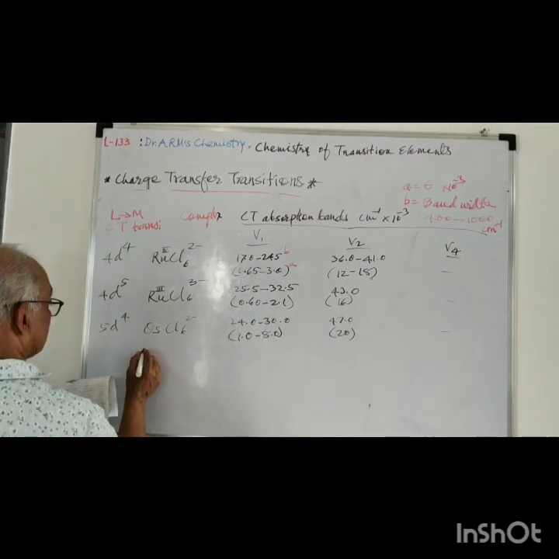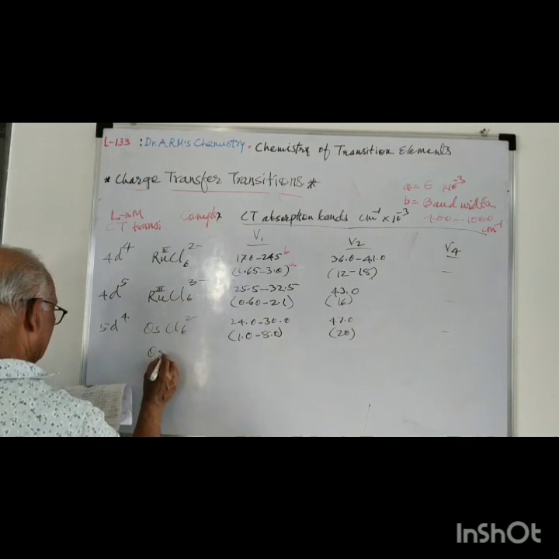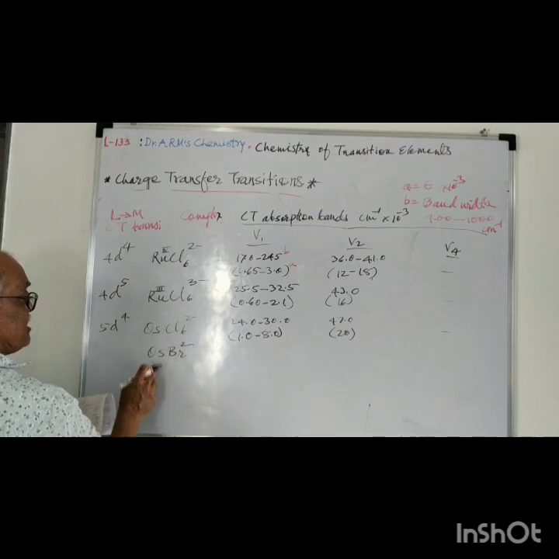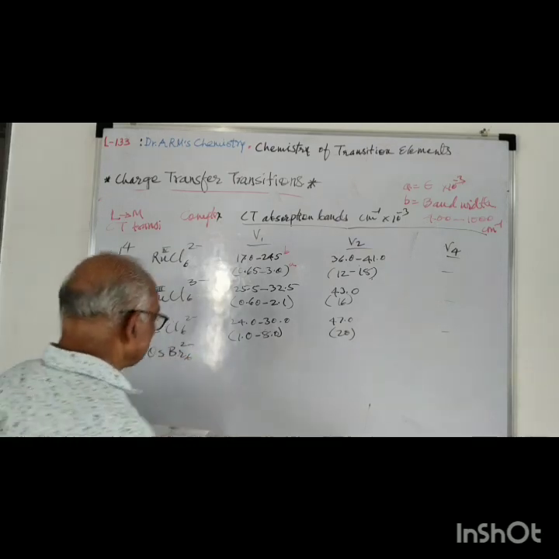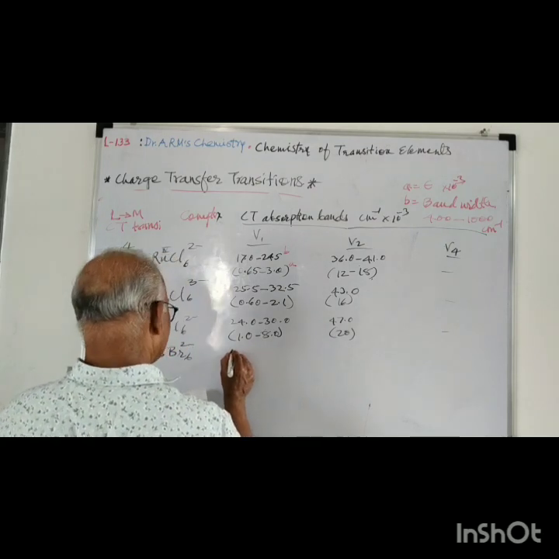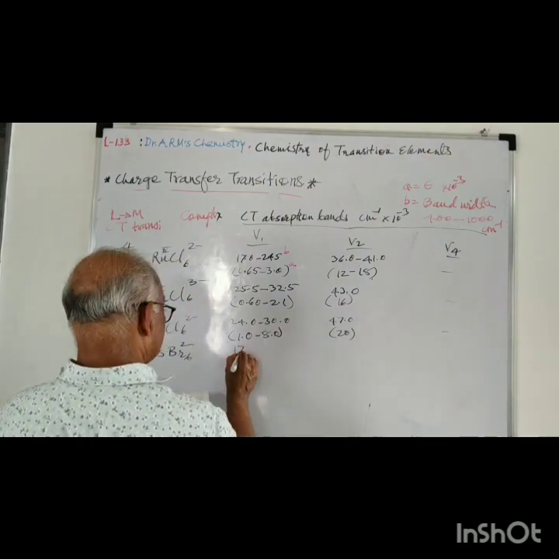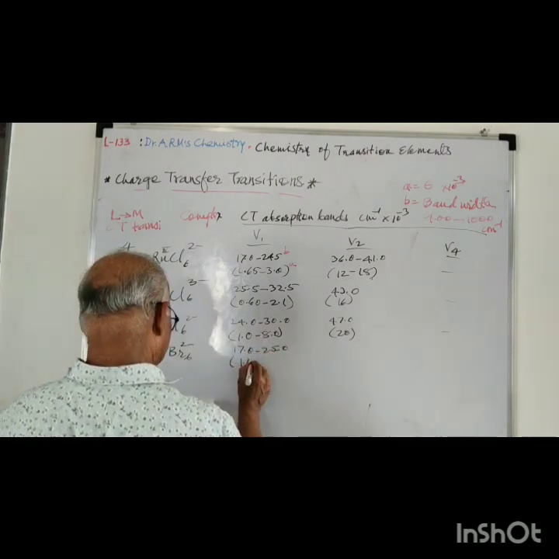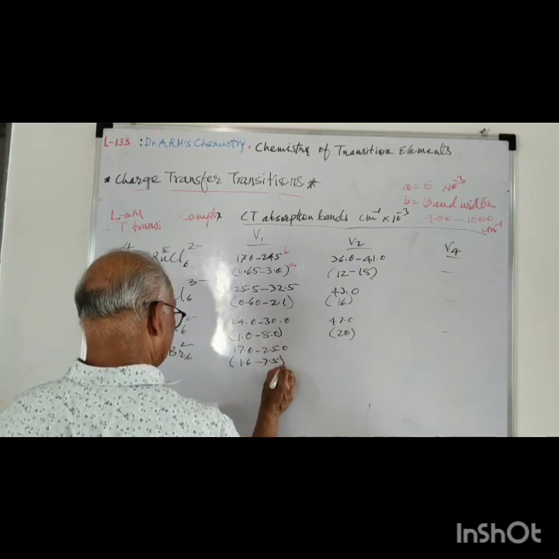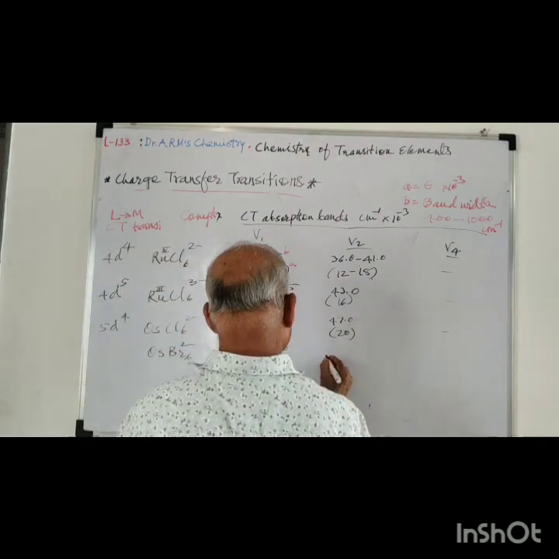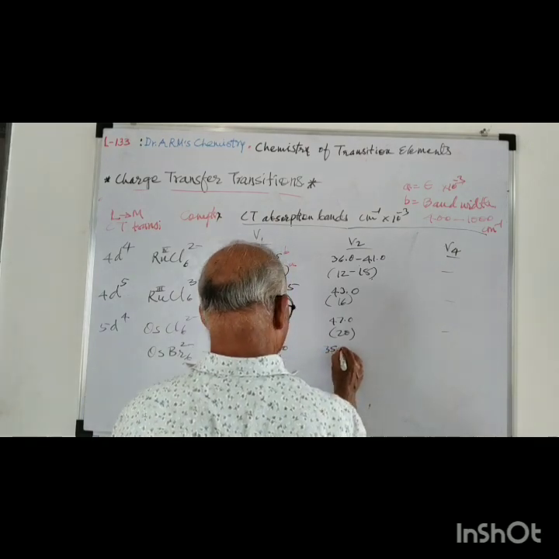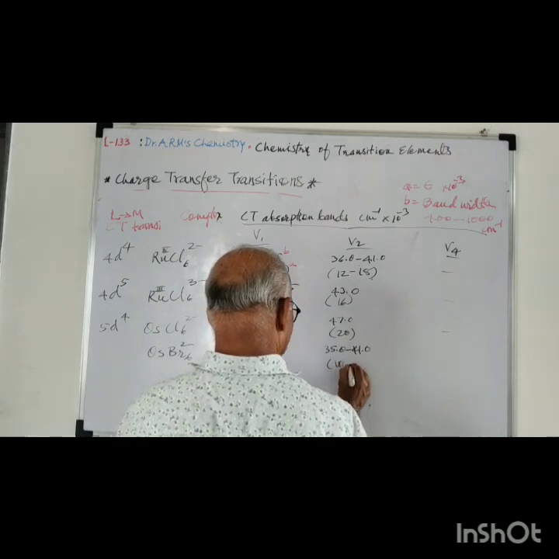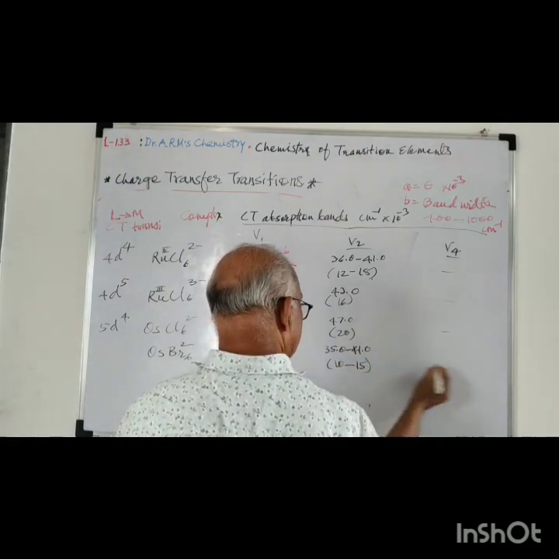Then another case of this osmium is having OsBr6 2-. This osmium is shown here in the same oxidation state. So we are having the V1 values like this: 17.0 to 25.0 and 1.6 to 7.5. And for V2, the values are 35.0 to 41.0 and 10 to 15.